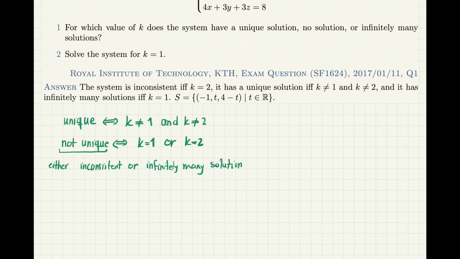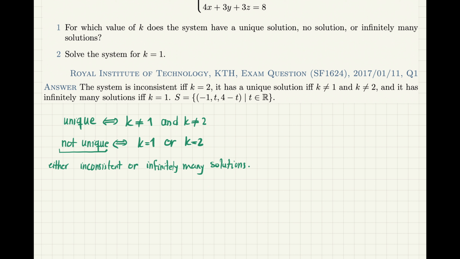Okay, so you see the trick was to find out when the system has a unique solution using the notion of determinant. When this is settled, not unique should be the negation of this statement, which would be this one. On the other hand, in the theory of linear systems, not unique means either inconsistent or infinitely many solutions.